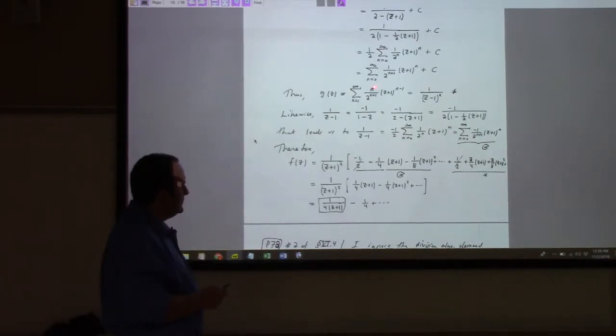Star. N equals 1, 1 over 4. That's supposed to be a 4th. And that's supposed to be 2/8, because n equals 2 gives me 2 over 8. That's 2/8. And then I should have 3/16.